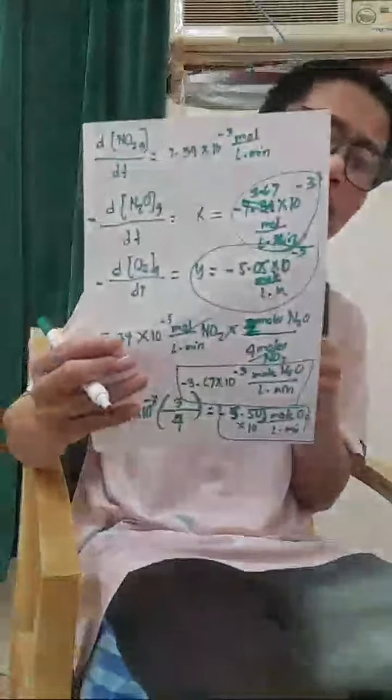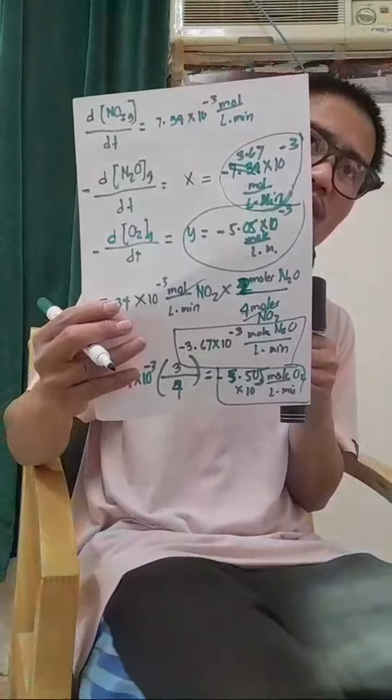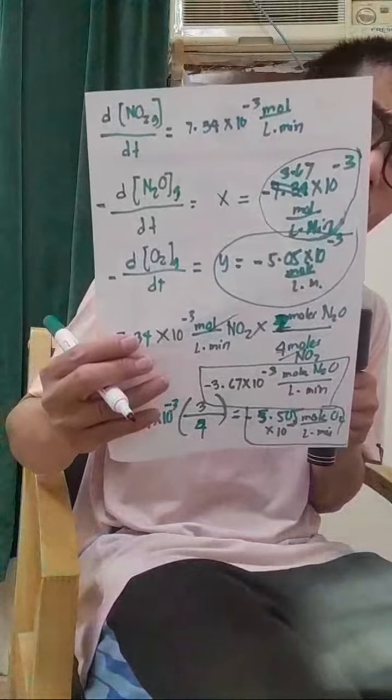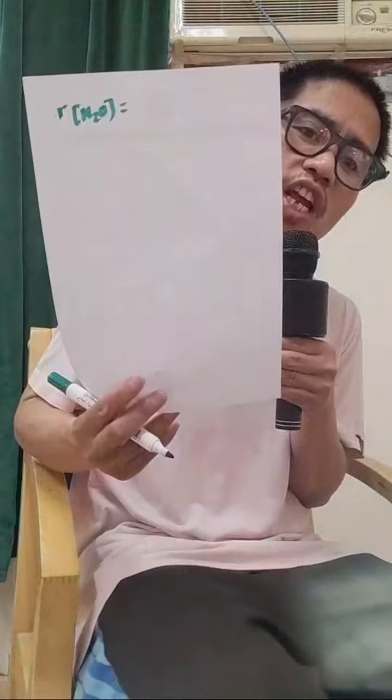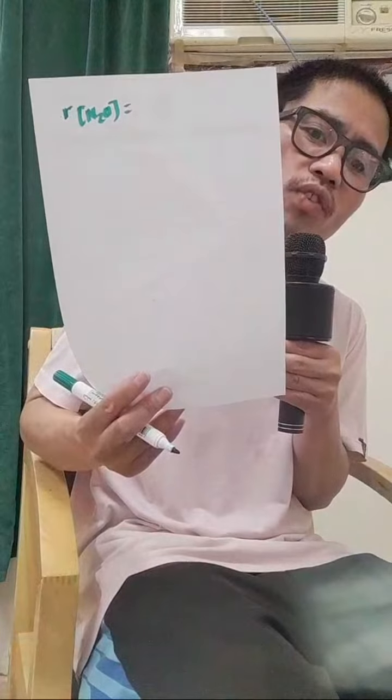So R of N2O, we have now computed that one here. In the stoichiometric relationship, we obtain 3.67 times 10 to the negative 3 moles per liter minute. Then you transfer that to our small r, because r is just equal to the change of N2O over the change of time, technically. So 3.67 times 10 to the negative 3.